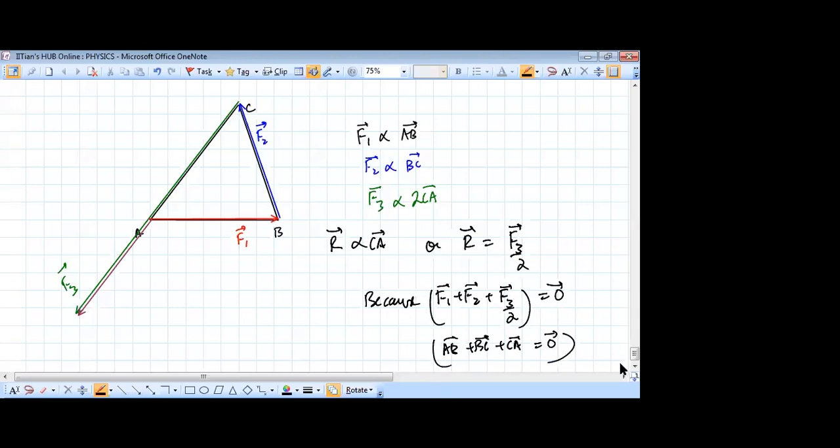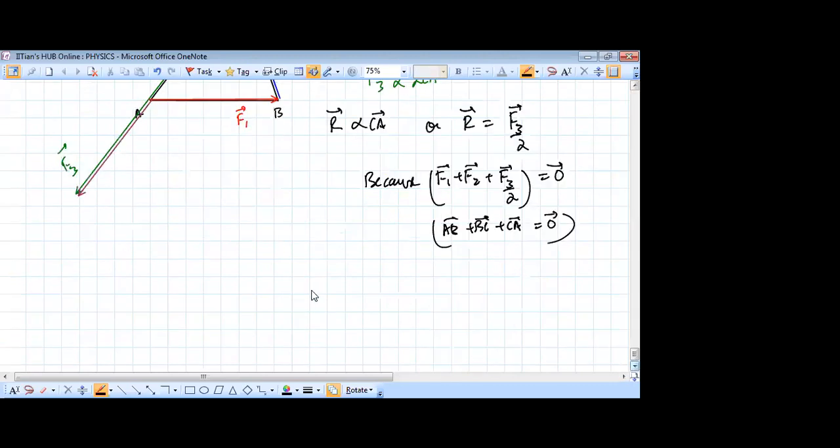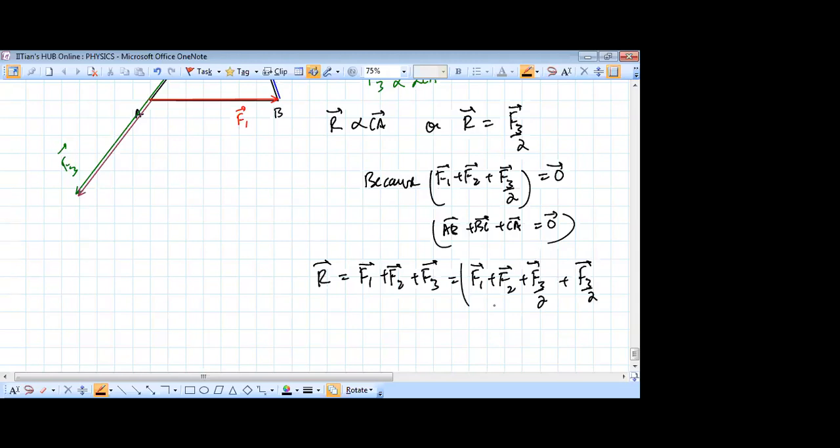So now we can treat this sum of the three forces as break F3 into two halves, two equal halves. So this half is becoming 0. So that's right.